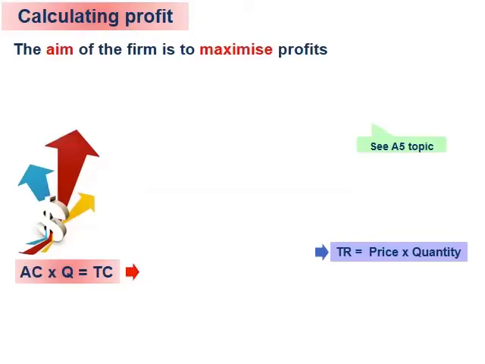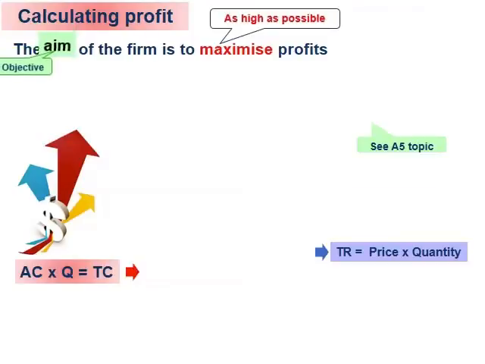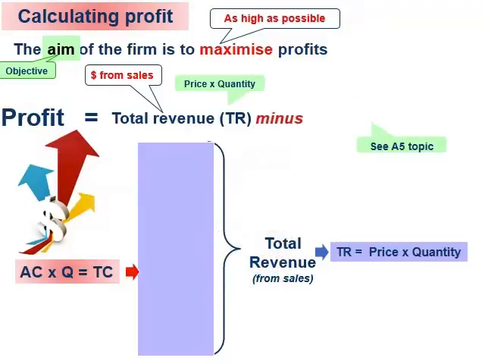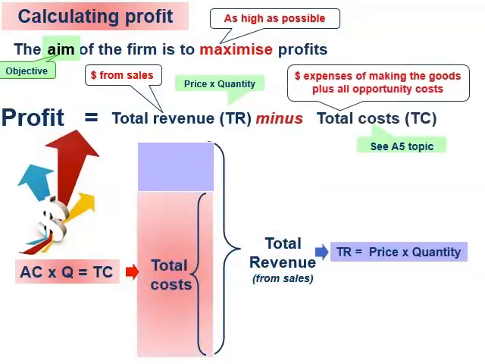Now, the calculation of profit is based on the assumption that the aim of the firm is to get as much profit as possible, to maximize it. It does this by selling goods and services. In other words, it gets revenue, which is of course price times quantity, and then it subtracts the total costs of supplying that good.